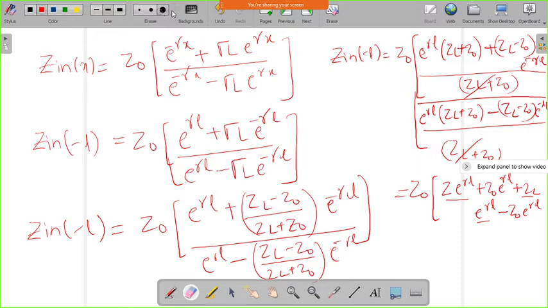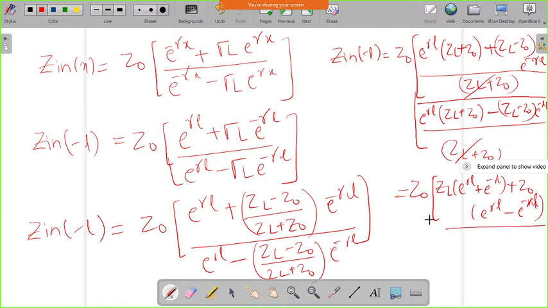I can write the numerator as ZL into e power gamma L plus e power minus gamma L, and similarly plus Z0 into e power gamma L minus e power minus gamma L.